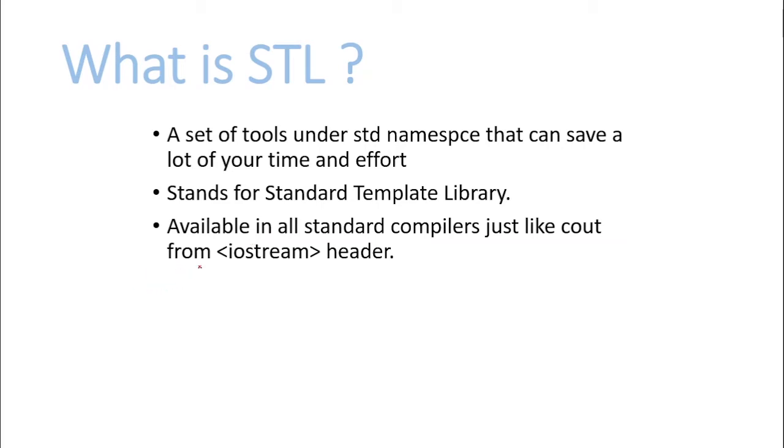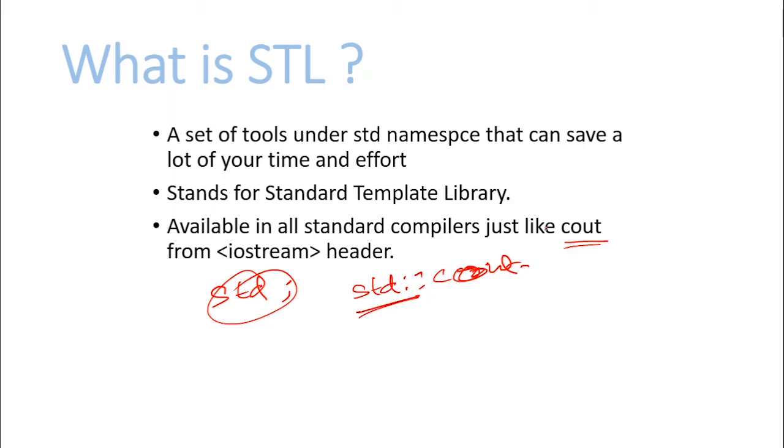And one thing you have to remember is that whatever standard header files and standard functions are provided by C++, they are wrapped under a namespace called std. So before you start writing anything, you used to use std:: in front of, like, std::cout. The same thing you have to append in front of all the functions and containers that are provided by STL.